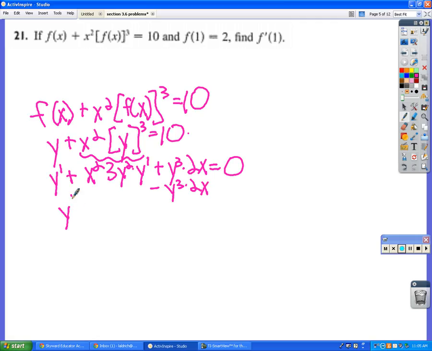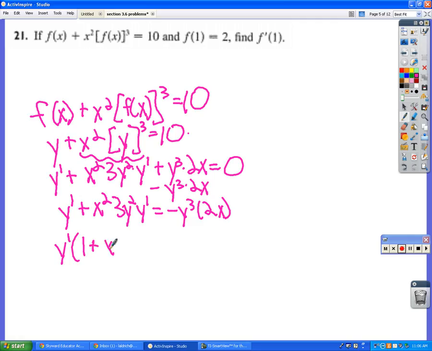So y prime plus x squared times 3y squared times y prime equals negative y cubed times 2x. And then you could just pull out that 1 plus x squared times 3y squared, and then you can just divide this.